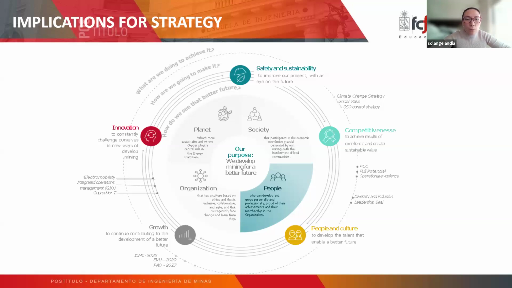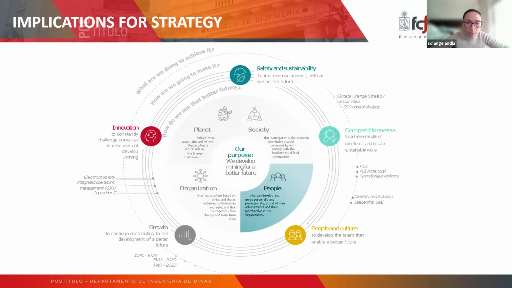Another point to address are the actions that Antofagasta Minerals has to defend itself from strong threats. First, diversification of mining products, comparing the products of other minerals such as molybdenum, reducing dependence on copper.